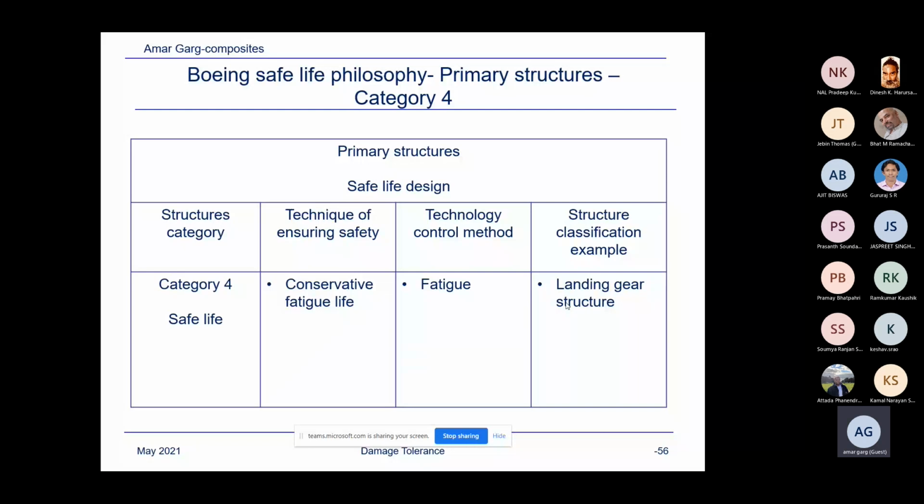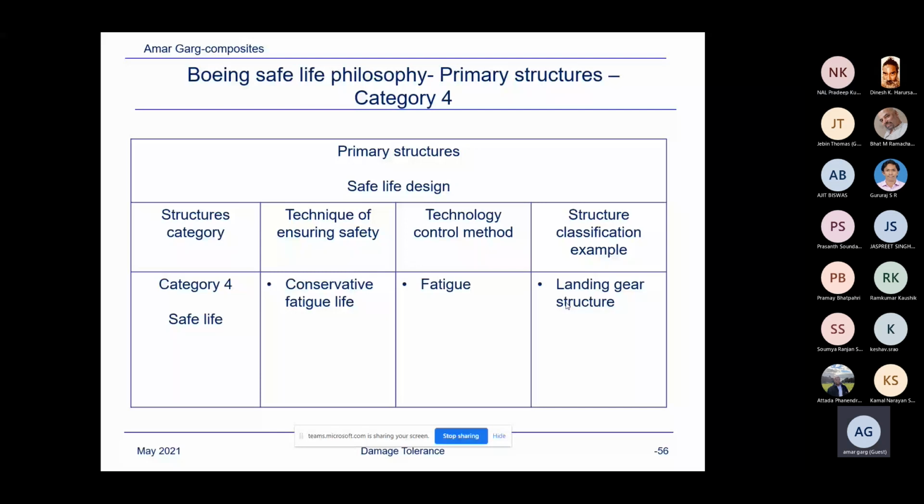In category 2, there is no inspection required. It is malfunction evident or obviously visible outside. It is category 3 for which you have to worry about the inspection intervals. And the way Boeing defines it, which is defined in that paper by Goranson, is a very complex process.